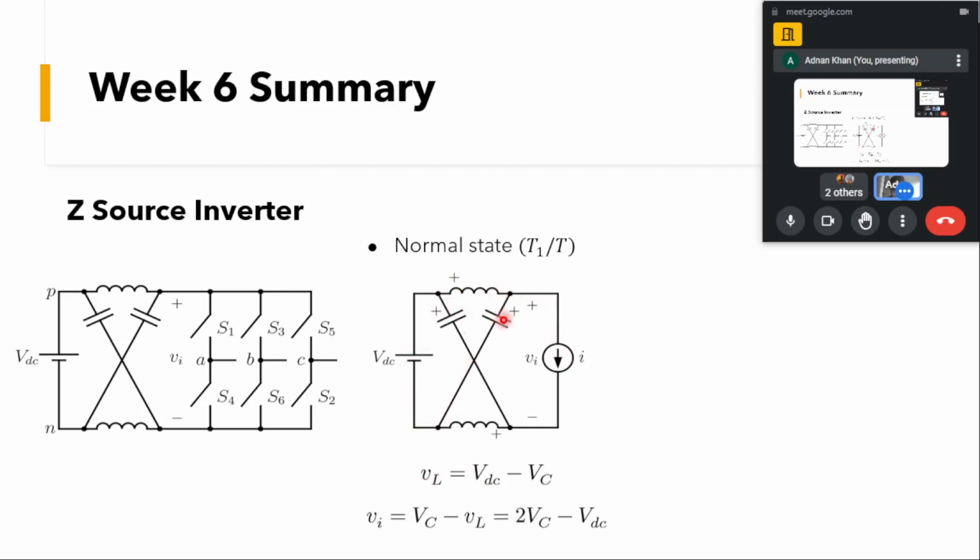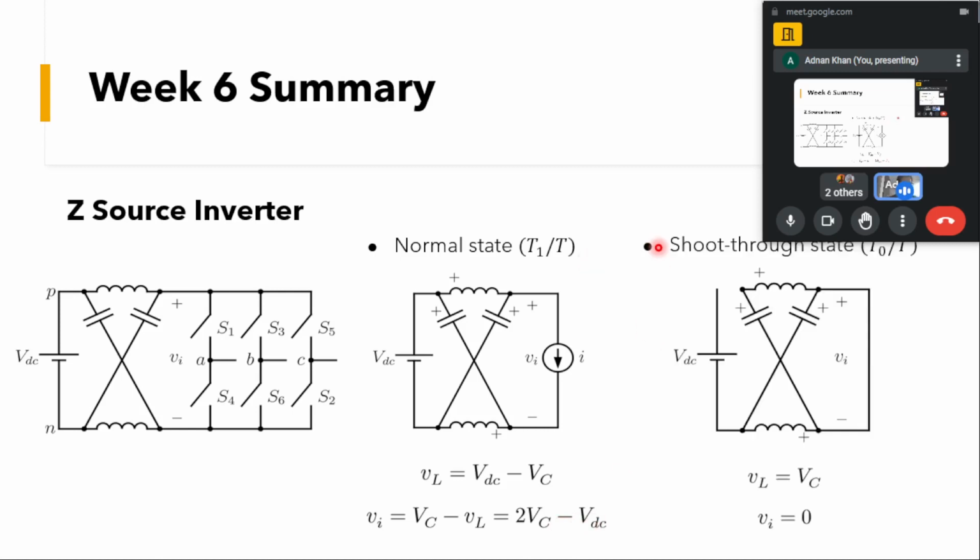And similarly, if you apply the KVL in this loop, you can see VI will be equal to VC minus VL. And if you substitute this VL here, we can see VI will be equal to twice VC minus VDC. This was the normal state.